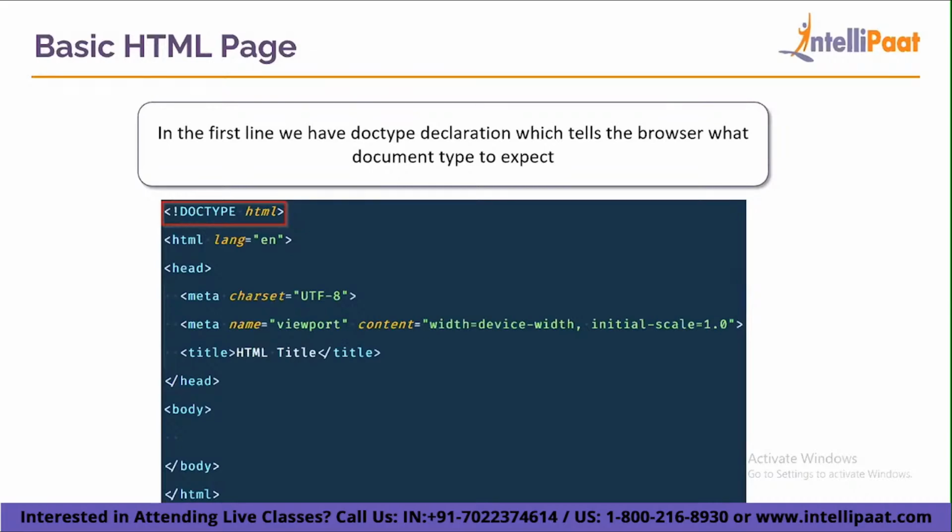Okay, so now this doc type declaration is nothing but a document type. It will tell the document type is HTML. Basically this doc type declaration is going to tell the web browser that this document is of HTML. So the functionality of this doc type is to inform the web browser that this document is of HTML.